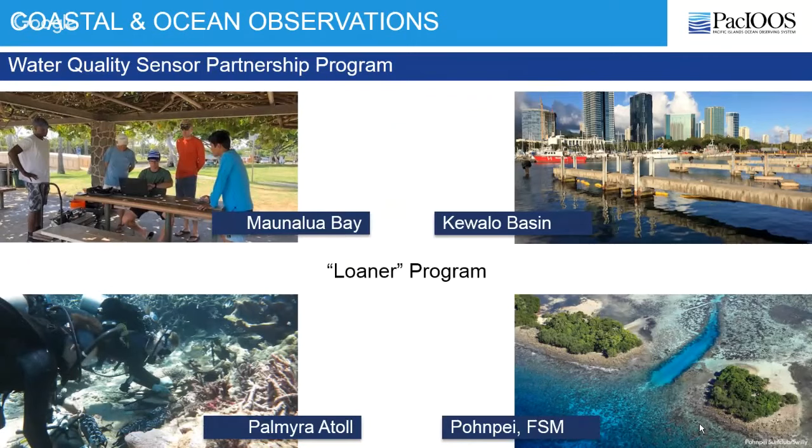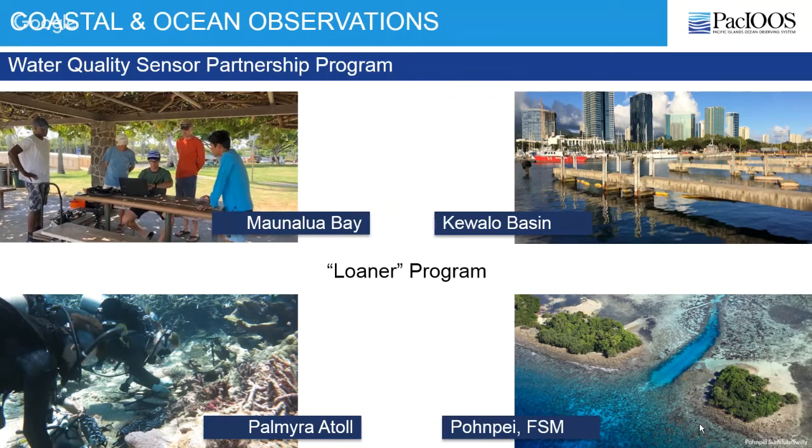For example, I'm not going to go through all of them, but we partnered with the Friends of Kewalo. It's a nonprofit organization. They were concerned that a harbor dredging project would stir up a lot of sediment and really impact the water quality.